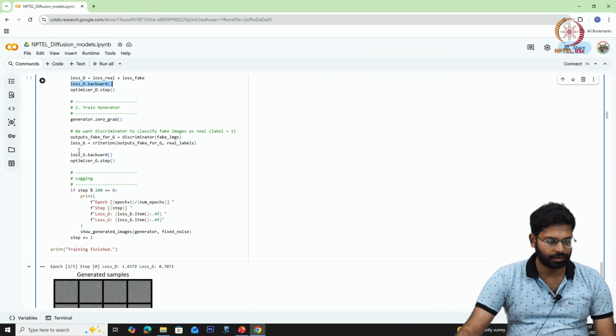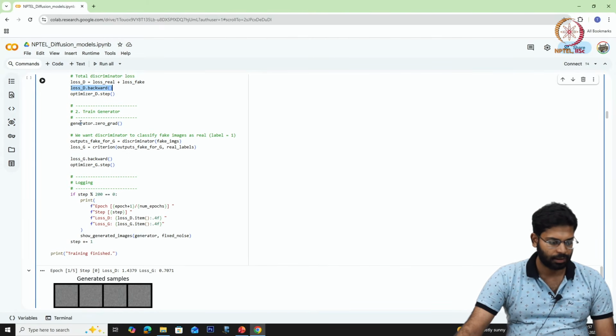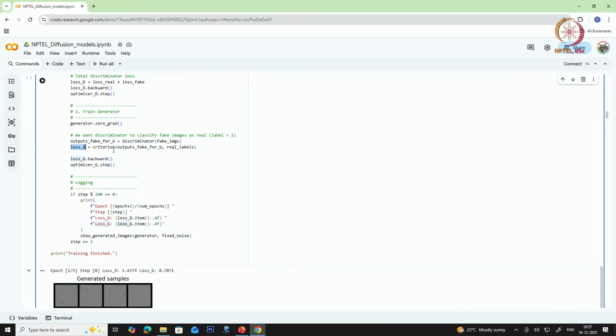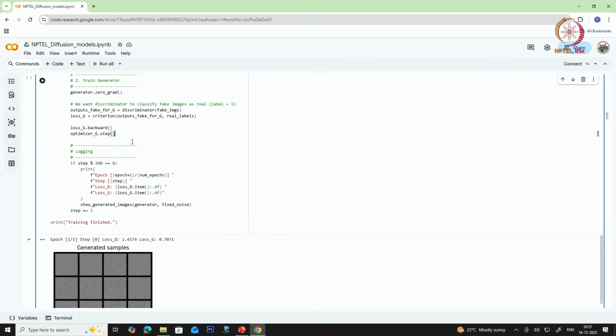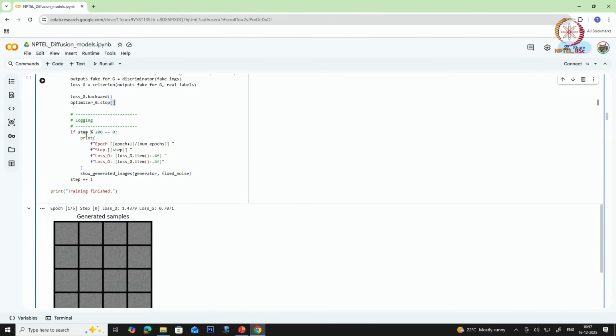Now you need to update the generator. So you set the generator to zero grad, then you feed these fake images to the discriminator to get outputs for the fake images. You then compute the loss using those outputs and the real labels, and do the backward pass through the generator's network.